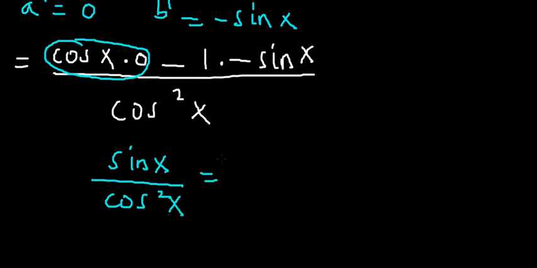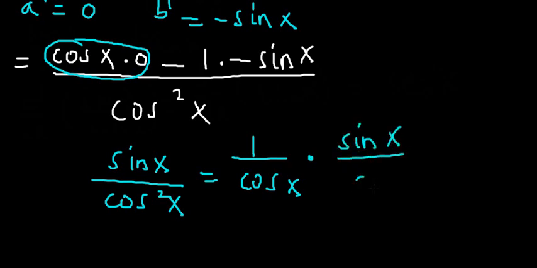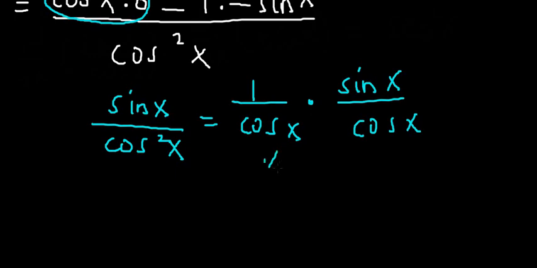Alright, so we can also write it as 1 over cos x, we multiply by sine x over cos x. And we all know that 1 over cos x is the same as secant of x, and then sine x over cos x we all know is the same as tan x.